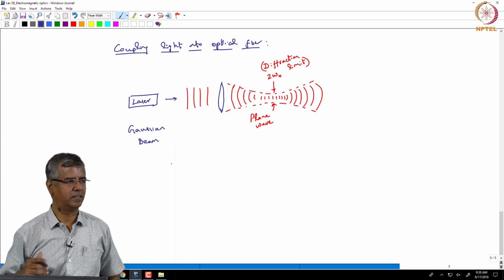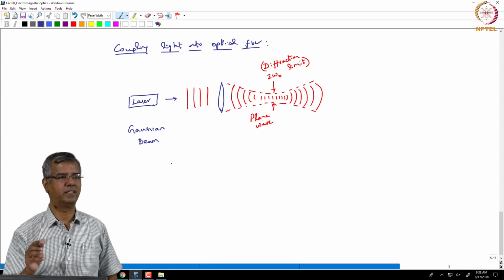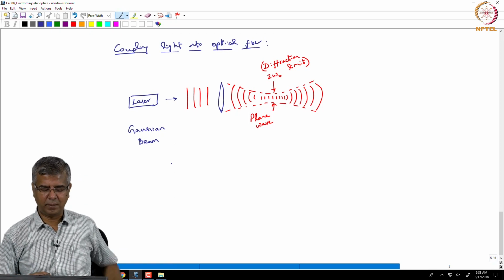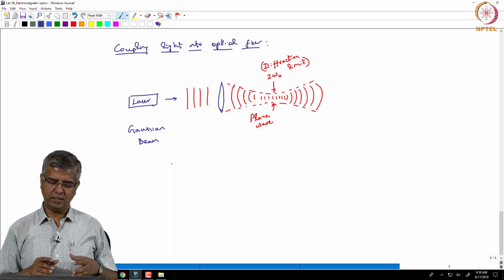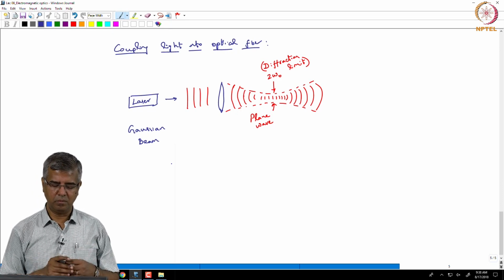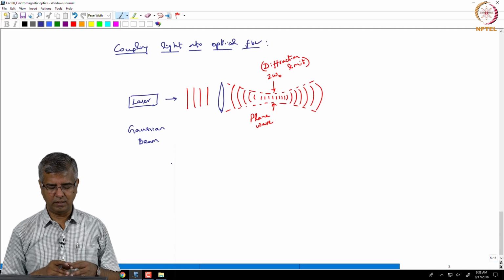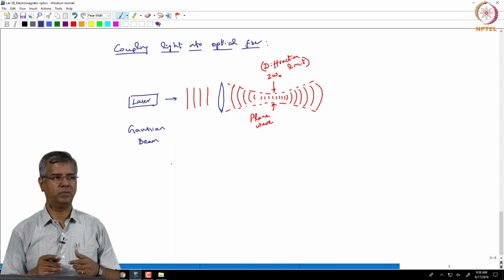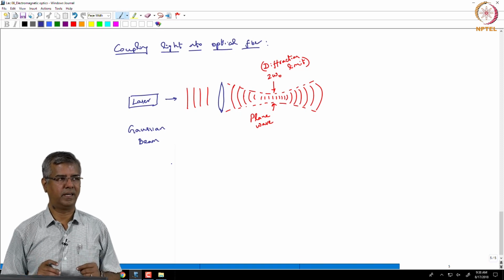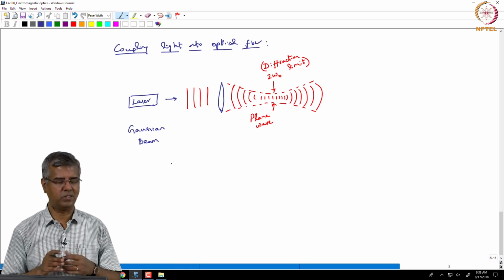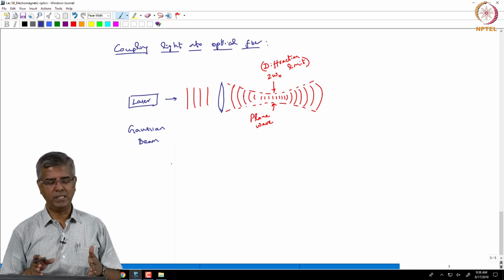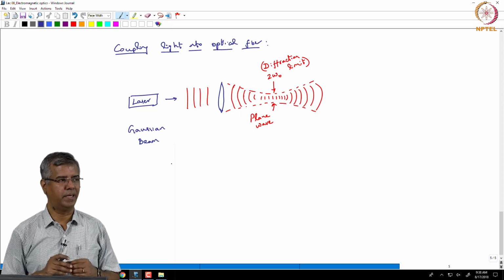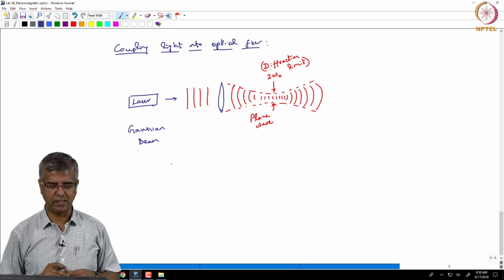That's a Gaussian shape, so you know that the center is going to have maximum intensity and it's going to fall off. It's interesting that the light beams that you get from a good laser, which is operating at what is called a fundamental mode, this Gaussian mode is, as we will see later on, actually a fundamental mode for this waveguide itself, for the laser itself.